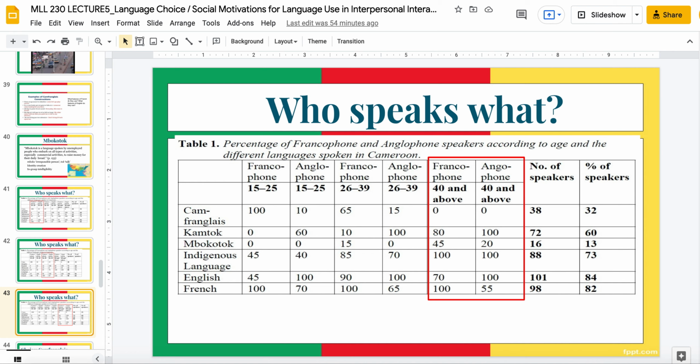So you can see as time goes on, the people who are fluent in indigenous languages are declining. And they're most likely able to speak Cam Talk, and you have the highest percentage of Mbok Talk as well. So very interesting, because the younger generation, who are more likely to be unemployed, are not speaking Mbok Talk, they're speaking Cam Franglais, whereas the older generation are speaking their indigenous languages and Cam Talk.